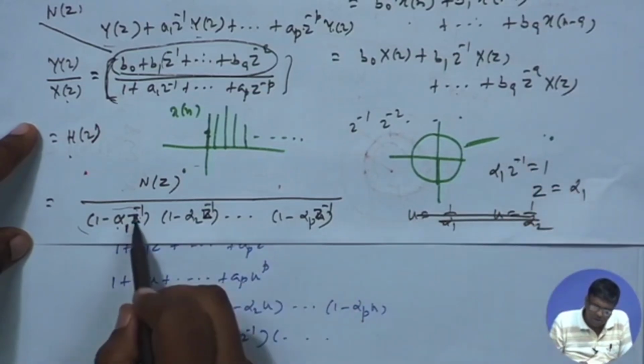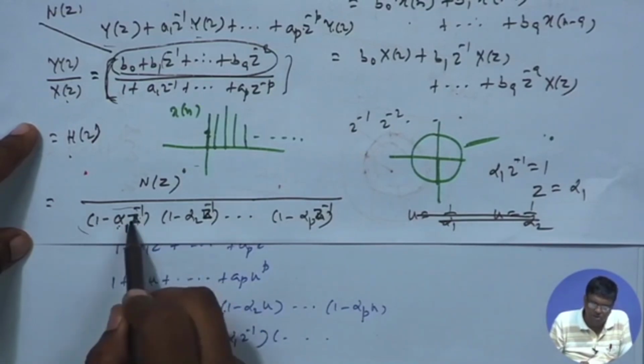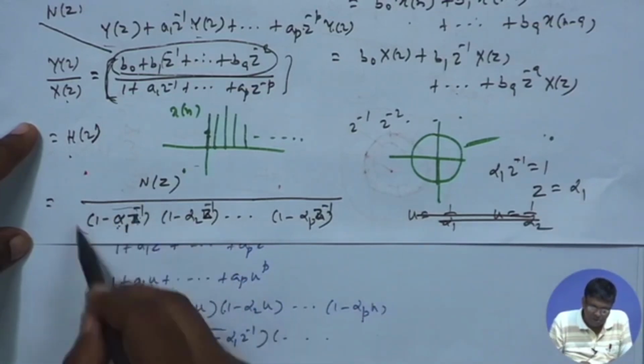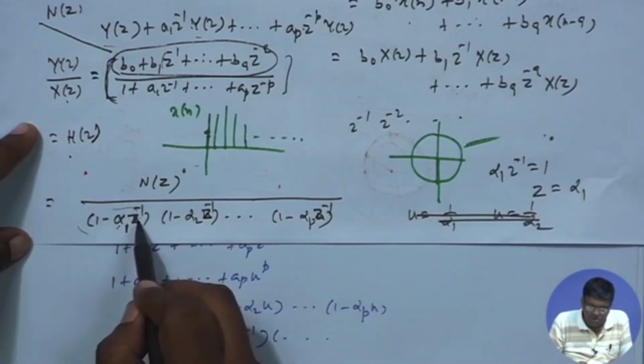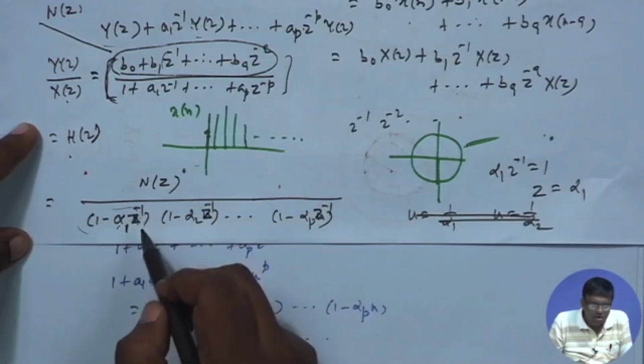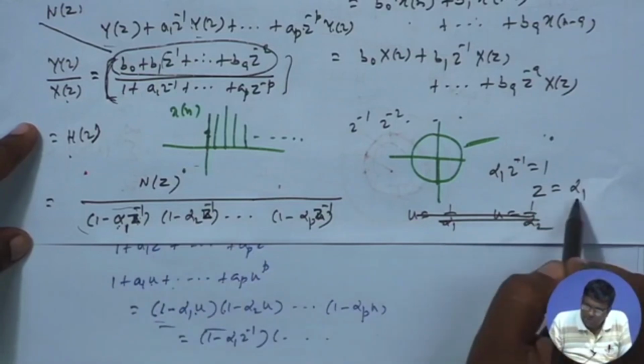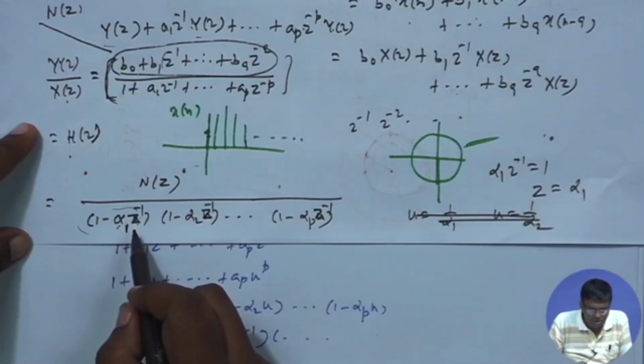So, at Z equal to alpha 1, alpha 1 inverse cancels, become 1, 1 minus 1, 0. So, at Z equal to alpha 1, this factor becomes 0, and the overall function does not exist because it amounts to division by 0. Then Z equal to alpha 1 will be called a pole.